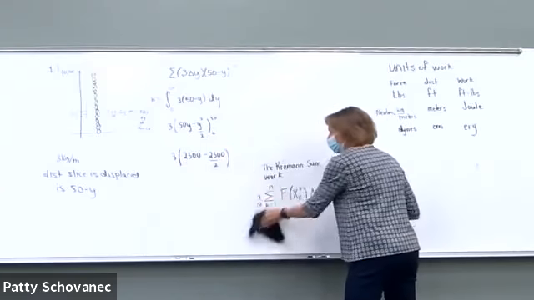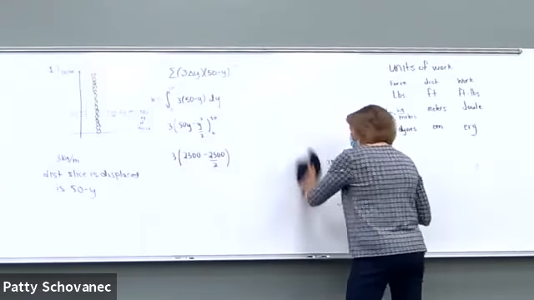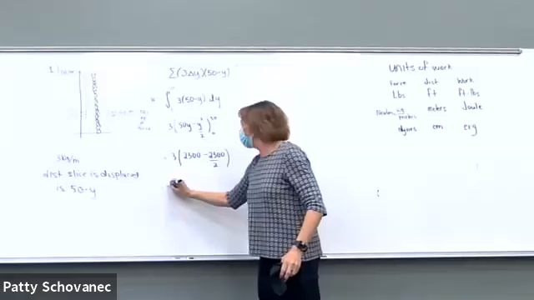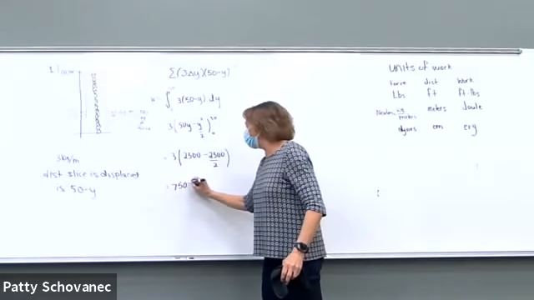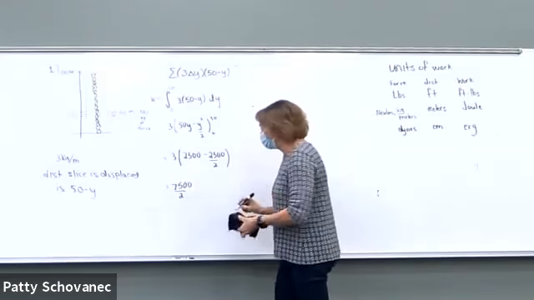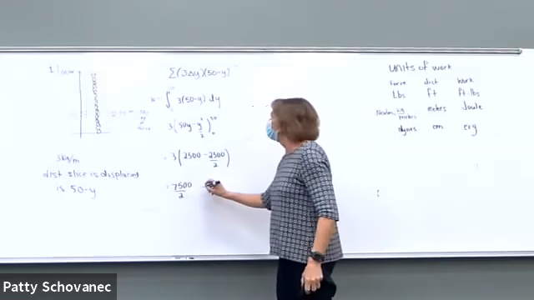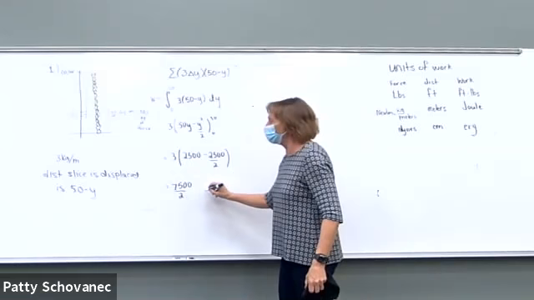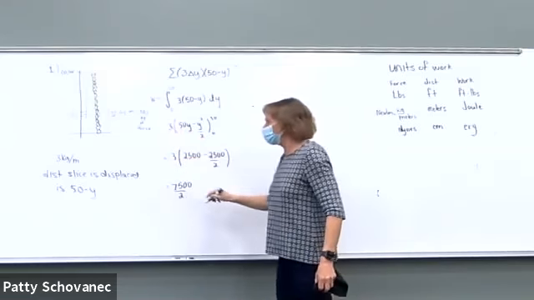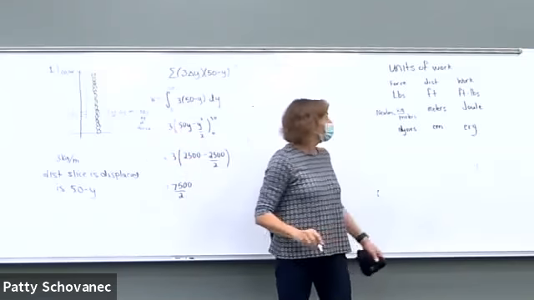And so I get 2,500 halves, multiply that by 3, and we have 7,500 halves. 25 times 3 is 75. My units here would be, what was my force? Kilograms times meters, which we said was our joules.